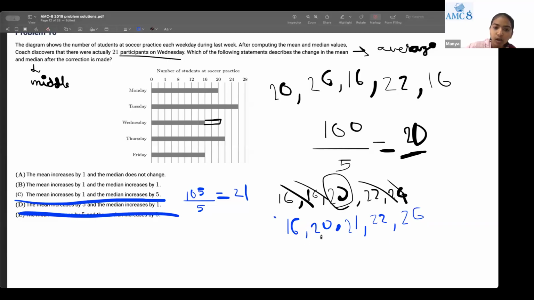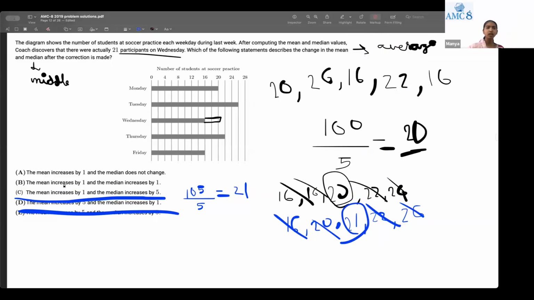If we cross these numbers off from left to right, we'll be left with the number 21. And so both the mean and the median are 21 in this case. The mean increases by 1 and the median increases by 1 as well.